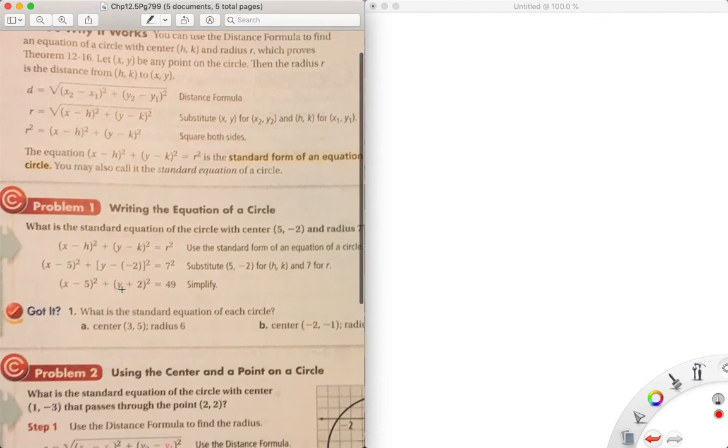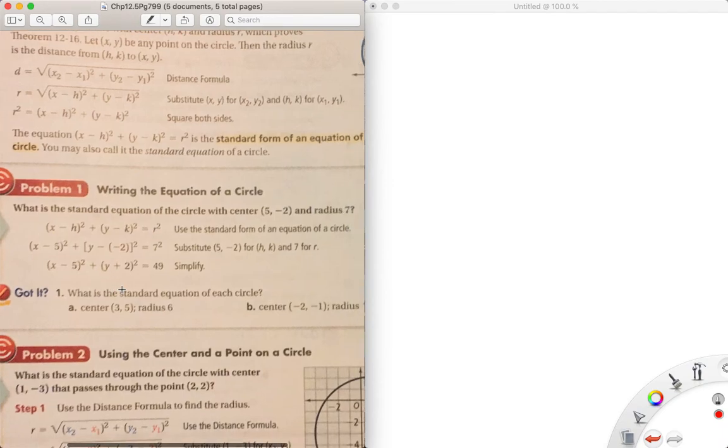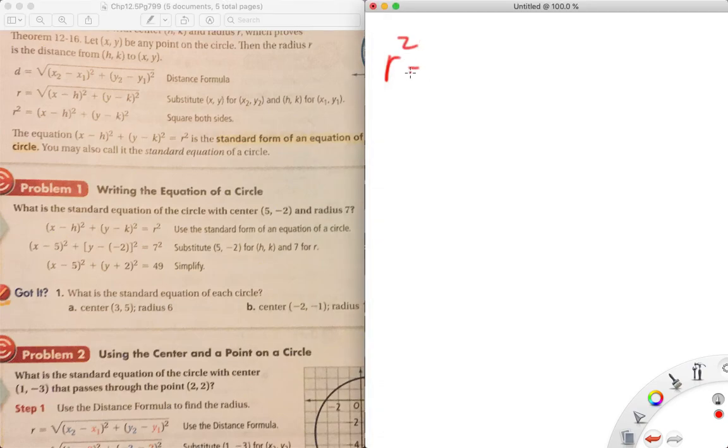So for number 1, for the Got It, they want you to write the standard equation of the circle. So we know that the equation, most people write it like this, (x - h) squared plus (y - k) squared is equal to r squared.